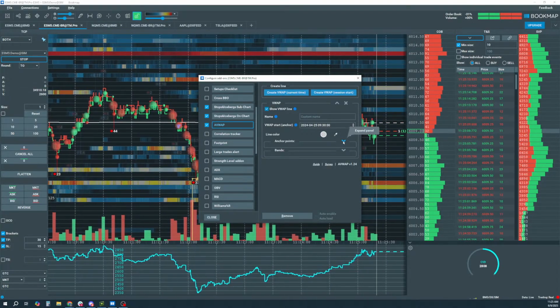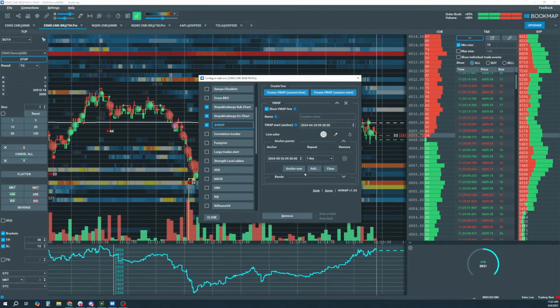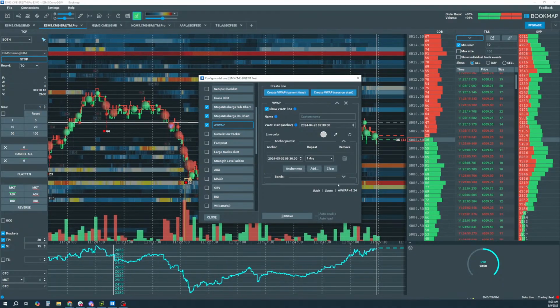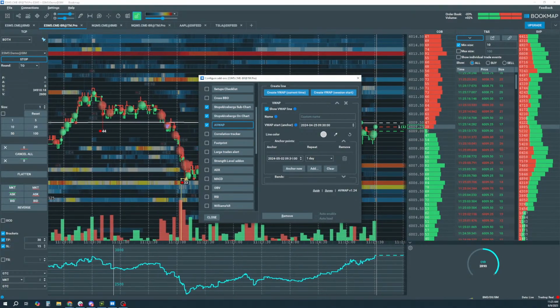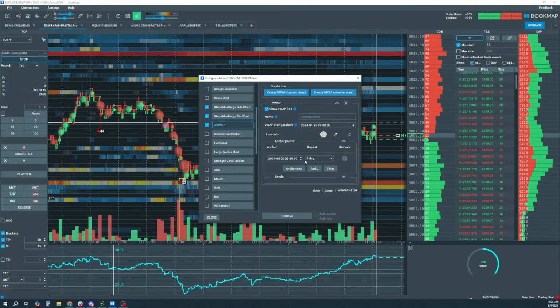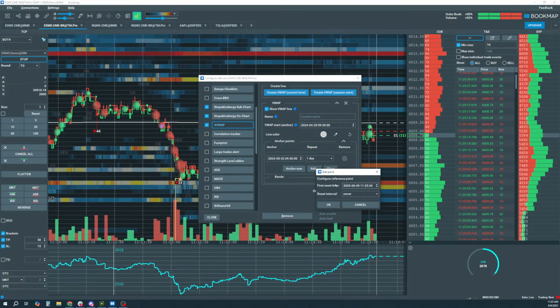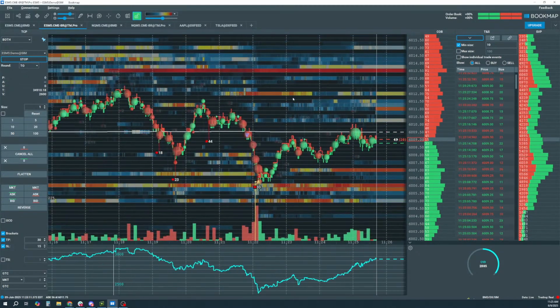Here, I'll show you the resets. You can add your reset anywhere you want, really. You can do it by time here, or add one here and put in these different resets, or you can even do it right off the chart.